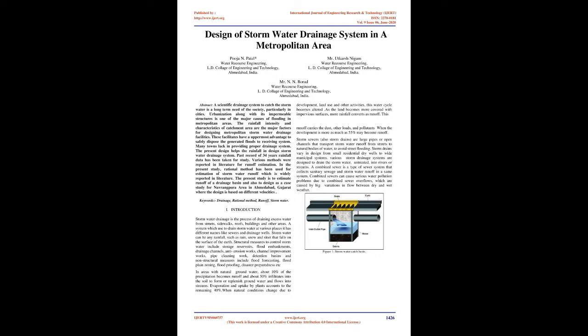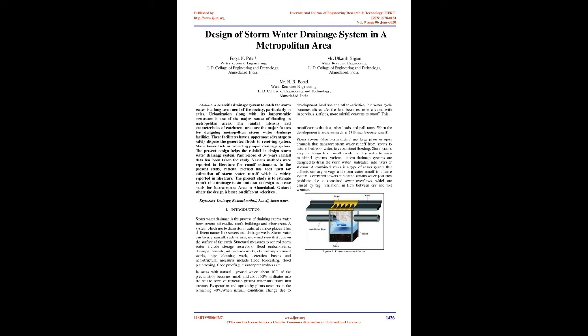Structural measures to control storm water include storage reservoirs, flood embankments, drainage channels, anti-erosion works, channel improvement works, pipe cleaning work, detention basins, and non-structural measures include flood forecasting, floodplain zoning, flood proofing, disaster preparedness, etc.